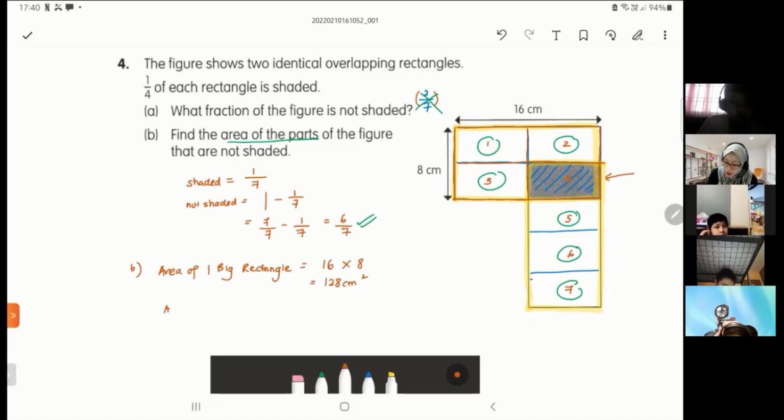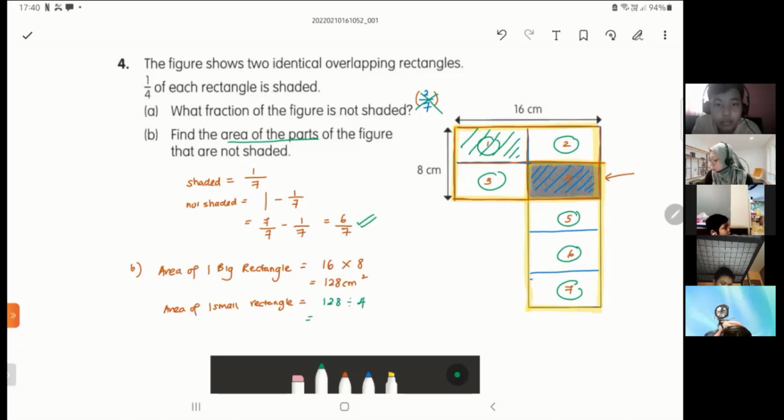So the area of one small rectangle. You know where the small rectangle is? The small rectangle is this, each of them. So I take 128 divided by 4, right? And I'll get 32 cm squared.